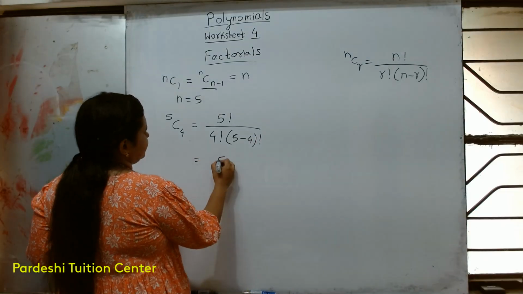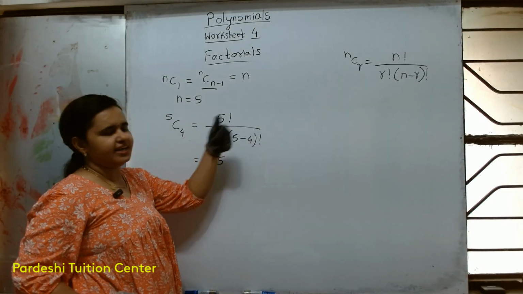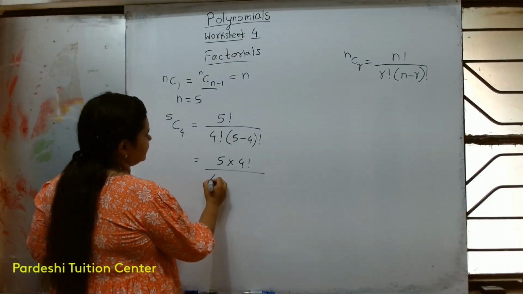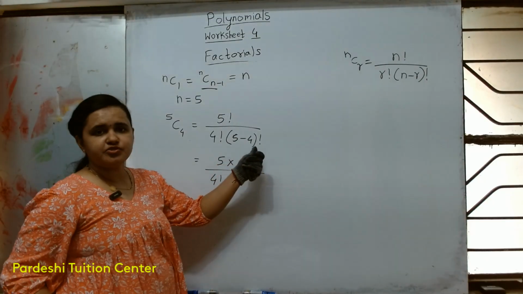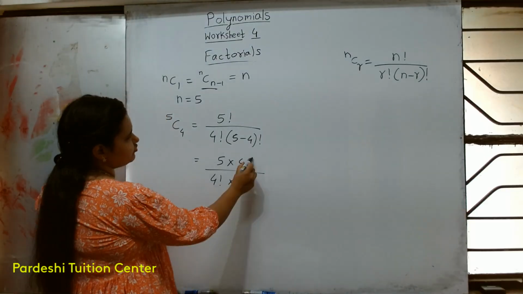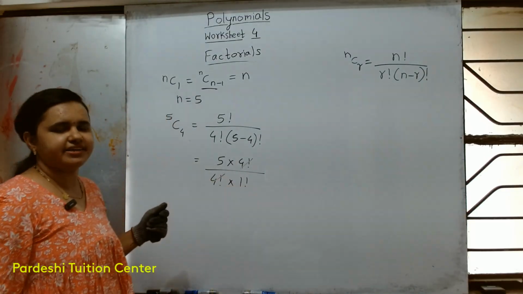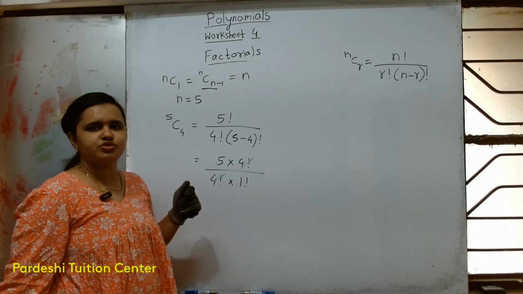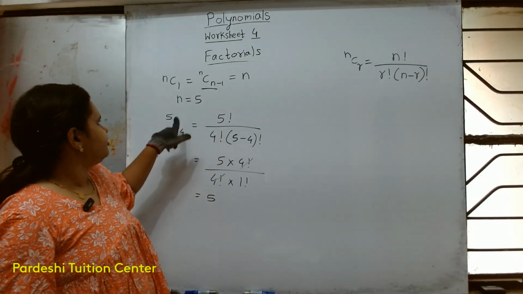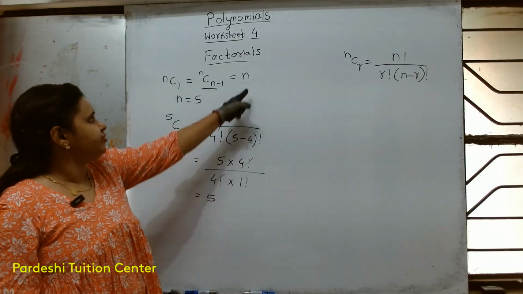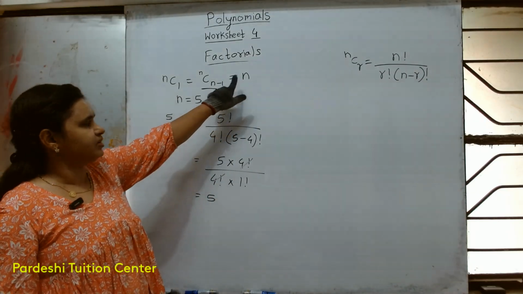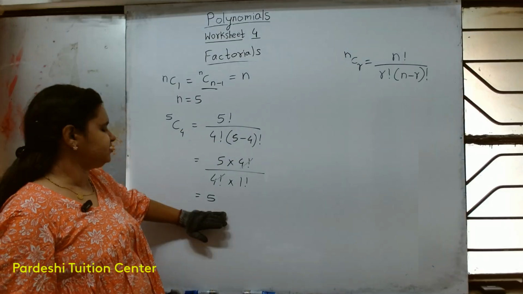So we can write 5 factorial as 5 into 4 factorial, okay. Again 4 factorial, 5 minus 4 is 1, so it will be 1 factorial, again 4 factorial will get cancelled and 1 factorial is equal to 1. So our answer will be 5. Again if we put n as 5, our answer is coming as 5. So nC1 equals n, nC(n minus 1) equals n. Here it is true, okay.